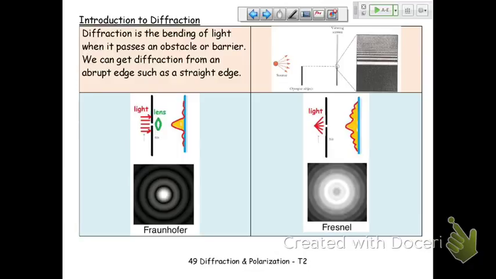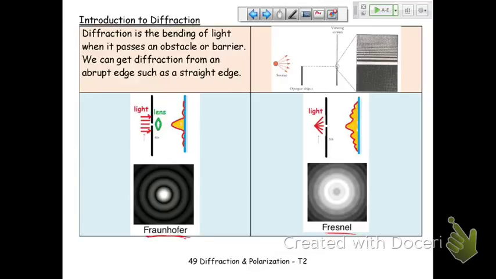If my light source is a long, long way away from the screen, or I use a lens to fool my screen into thinking it's a long, long way away from the light source, I get this where you get true darknesses between these discs. And that's called Fraunhofer diffraction. And if I just do it where here's my pinhole and here's my screen, I will get this, which is Fresnel diffraction. Okay? Just know those two names exist. You don't need to know any more than that.